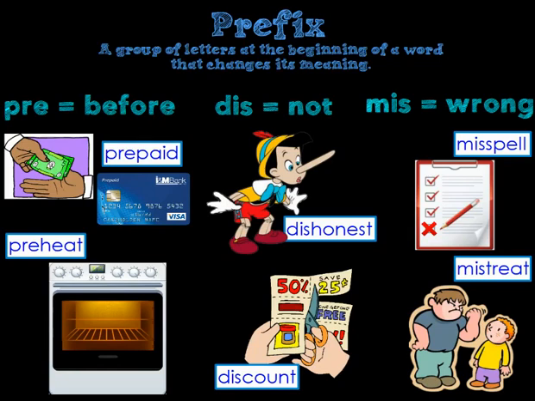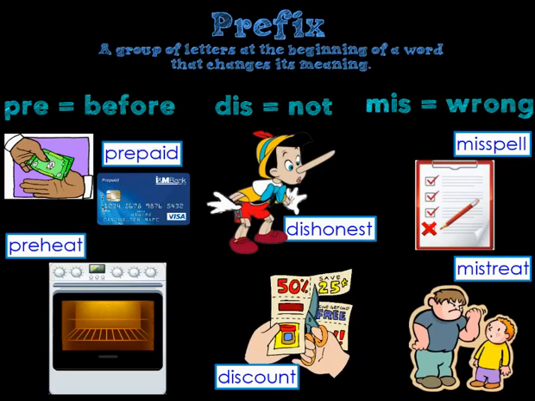The 3 prefixes that we will be learning about are pre, P-R-E, dis, D-I-S, and mis, M-I-S. As you can see, each prefix has its own meaning.